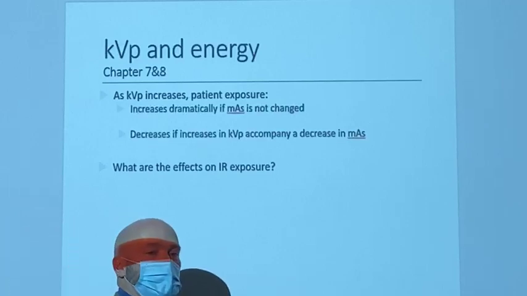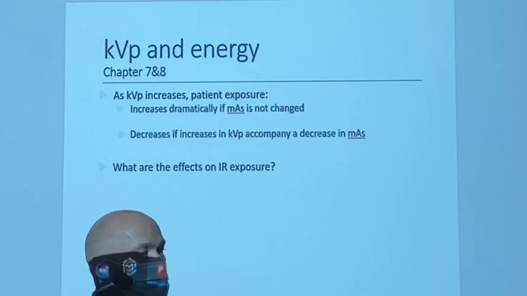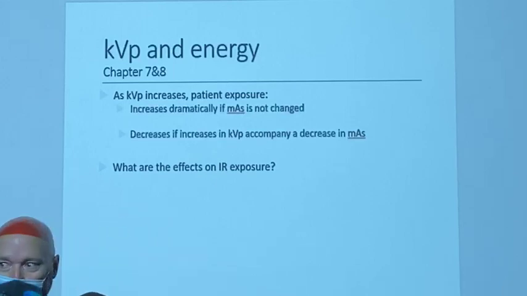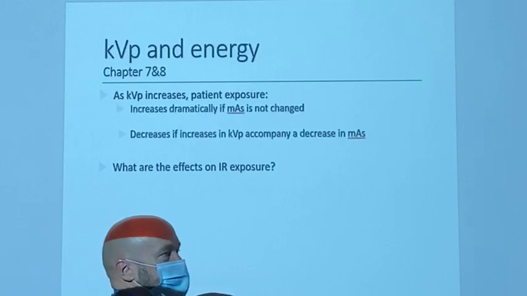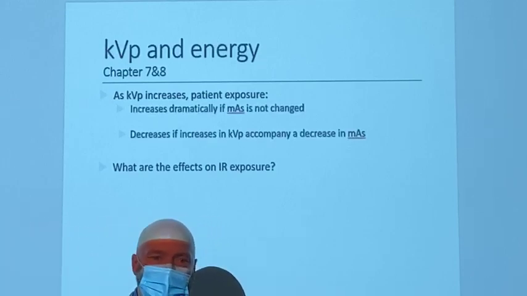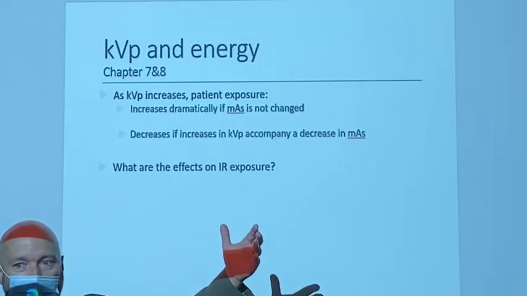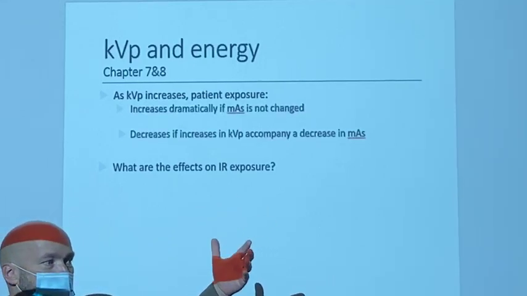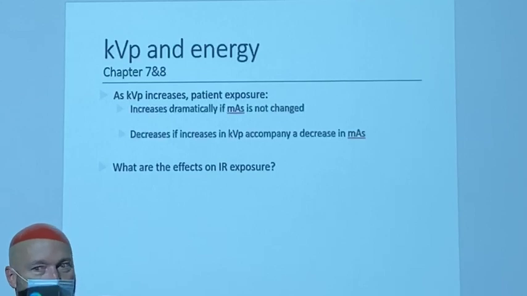But if it's asking you about KVP, if your KVP increases about 15%, your mass is reduced by a factor of 2, what happens to your patient dose? It's going to go down, right? Is your dose going to go down by a factor of 2? Well, no, because you increase your KVP by 15%. So your dose is gonna go down, but it's not gonna cut your dose in half.